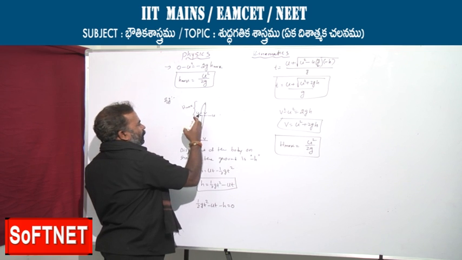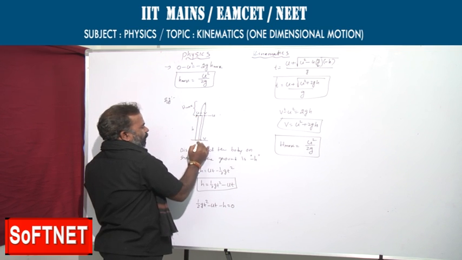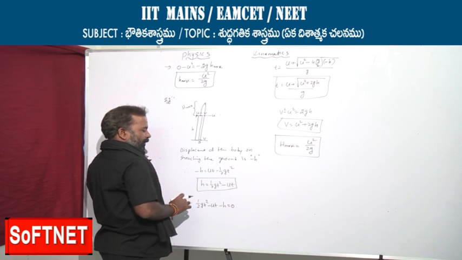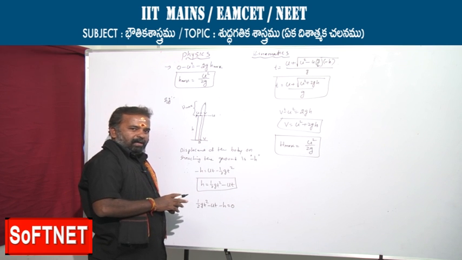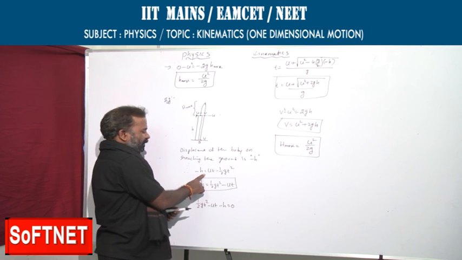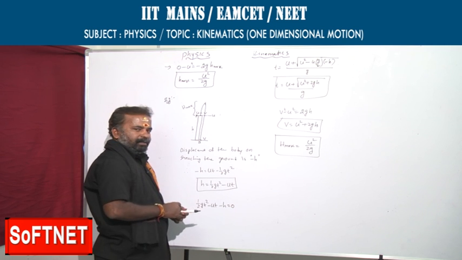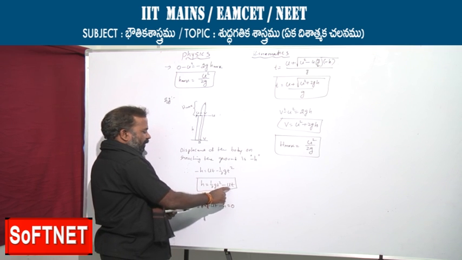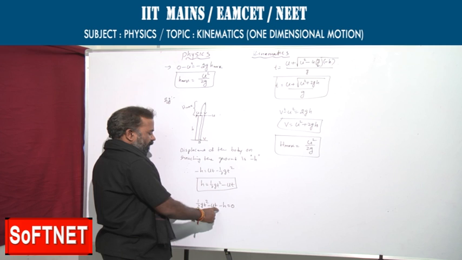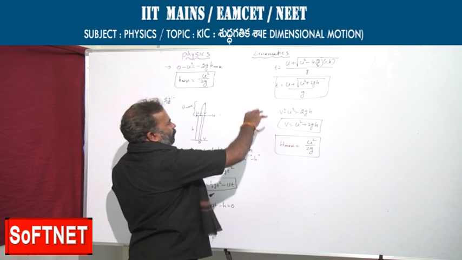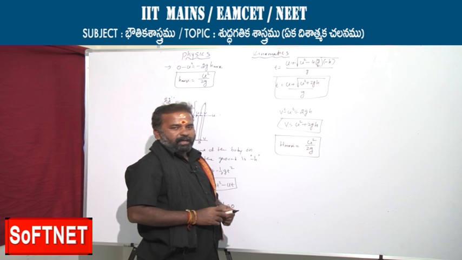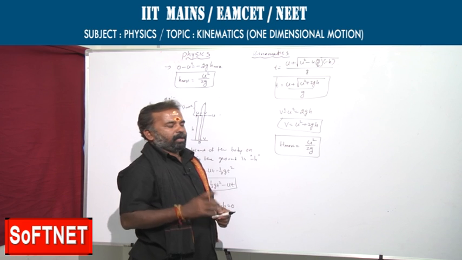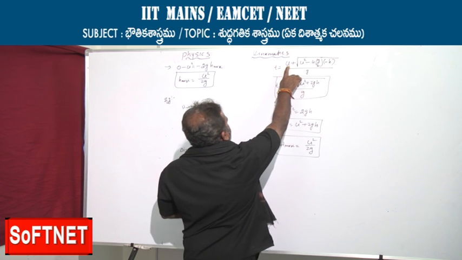The displacement of the body from the initial point to the final point. Let us take the initial point as A, final point as B. It is coming downward, therefore displacement is minus h. From the equation s is equal to ut plus half at square, we got minus h is equal to ut minus half gt square. Taking a negative sign, half gt square minus ut minus h is equal to 0. By applying the equation of roots, minus b plus or minus root of b square minus 4ac by 2a, we will take only the positive value.